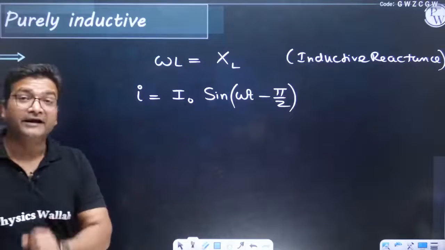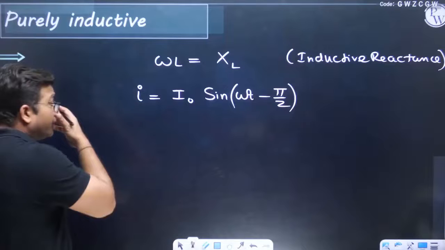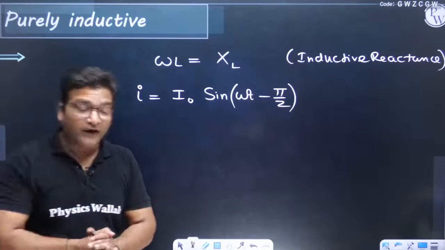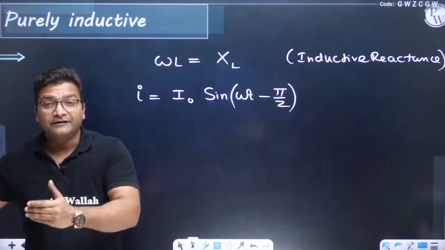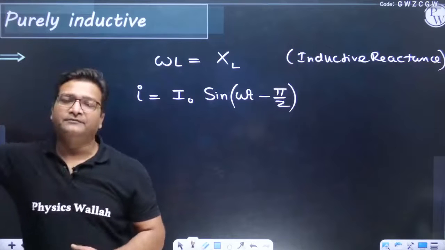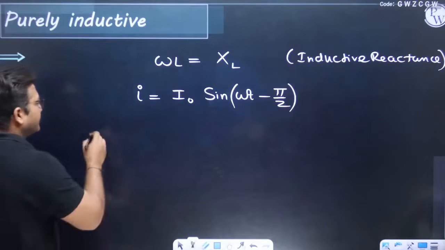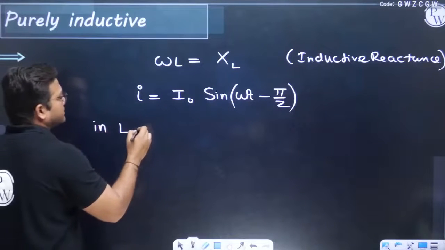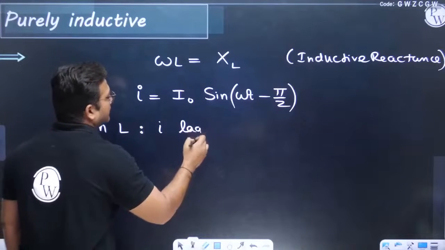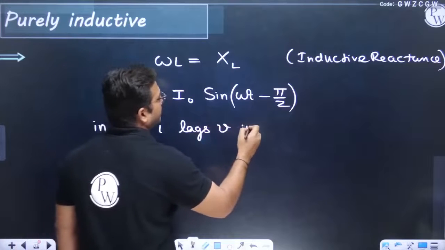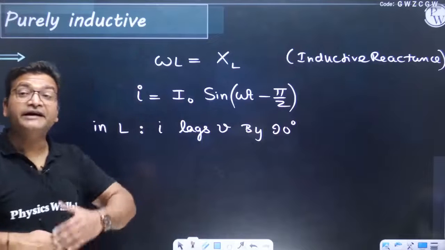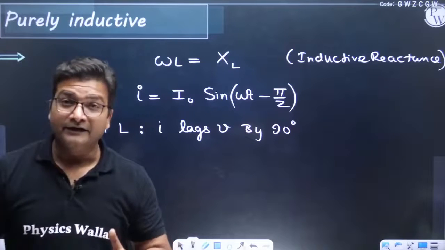If you look at the phases of voltage and current, you find the current is not leading, but actually the current is lagging in phase by 90 degrees. So in an inductor, I lags V by 90 degrees, or you can say voltage leads current by 90 degrees. Okay.